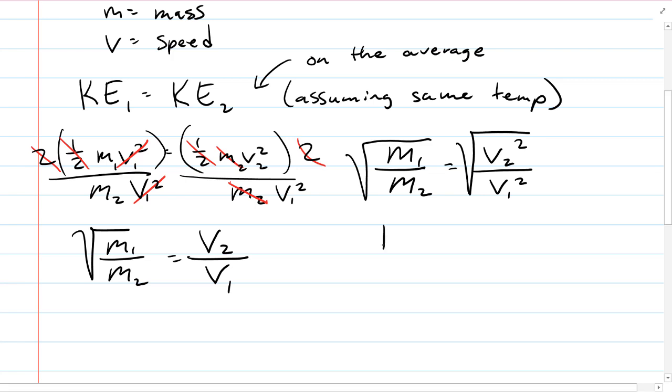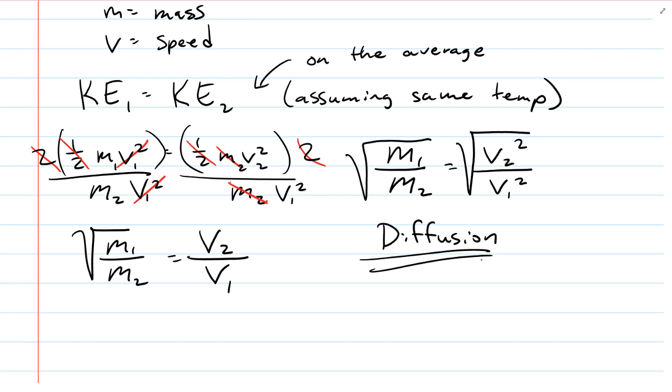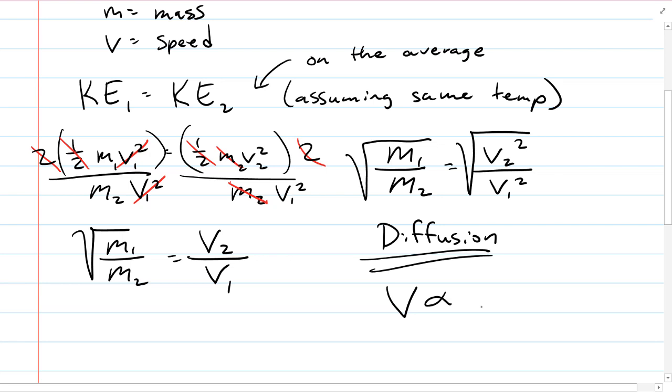And when we look at this as a law, this is a law of diffusion. Diffusion is how things spread out from a point source. If we're talking about the diffusion of gases, if somebody farts, for example, it's going to spread out from a single source, and that would be an example of diffusion. Is this a direct proportion or an inverse proportion if we look at this equation?